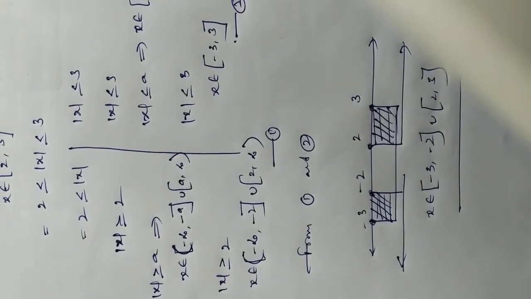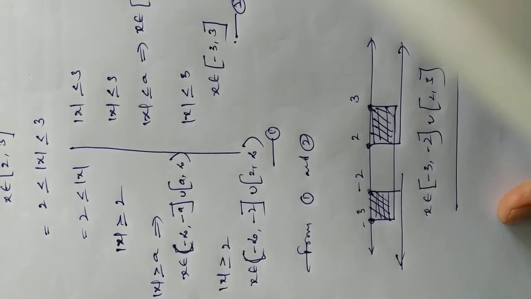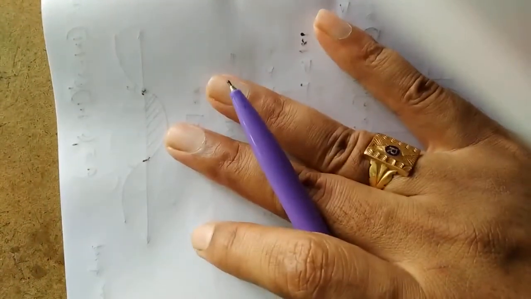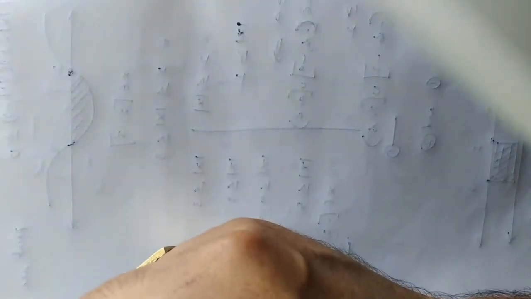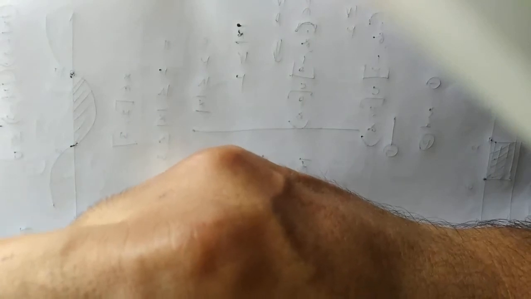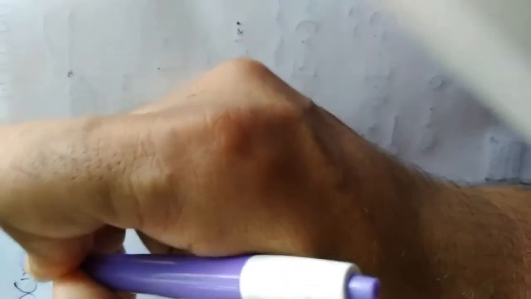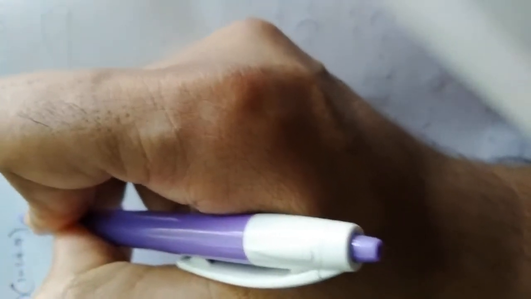This is the solution for the above step. In the same way, the next question is the 12th one. Modulus of x minus 4 is the first term, and modulus of x plus 7 is the second term, greater than or equal to 0.